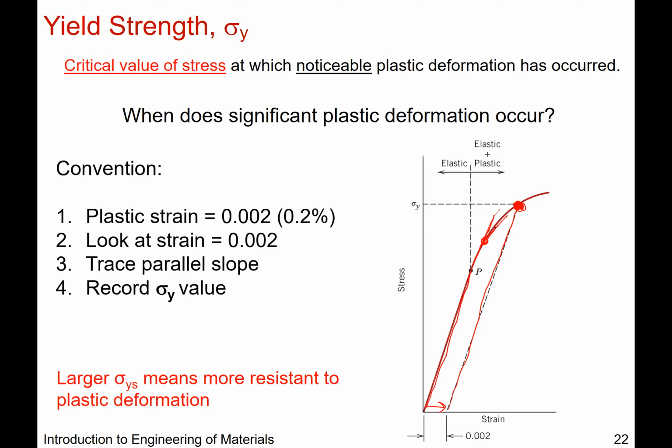So that is the convention. You look at the plastic strain, trace the parallel slope, and record that value, even though we can look at the stress strain curve and say, well, there are already deviations from linearity well before that, okay?